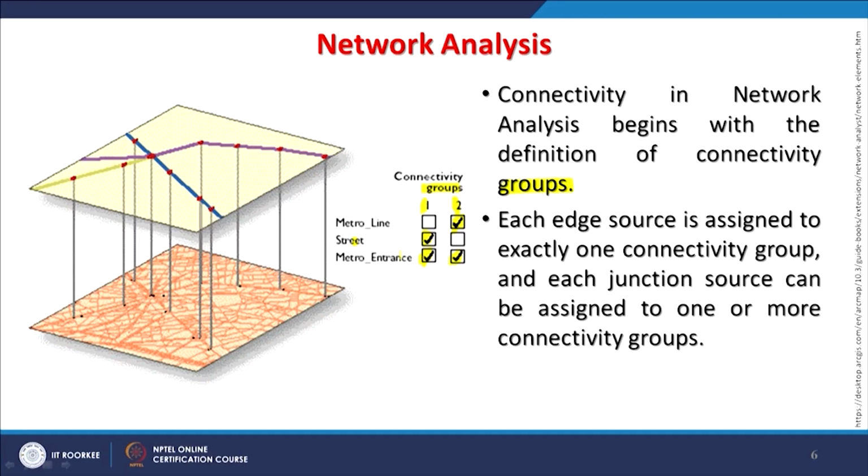There may be the same feature, like this metro entrance, which is common for the metro line as well as for the street. Similarly, the metro line is common for the metro and the metro entrance. Each edge source is assigned to exactly one connectivity group, and each junction source can be assigned to one or more connectivity groups, as you have seen here also. So these are the connectivity groups.